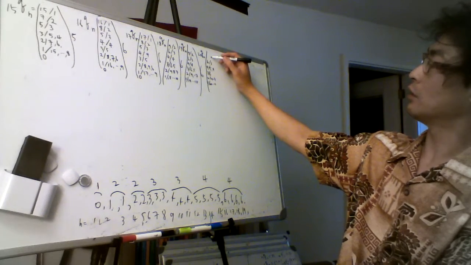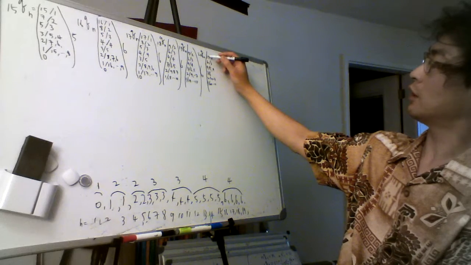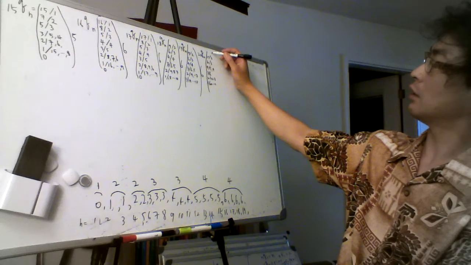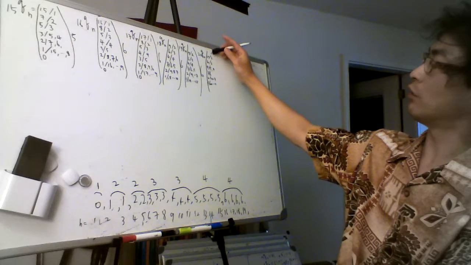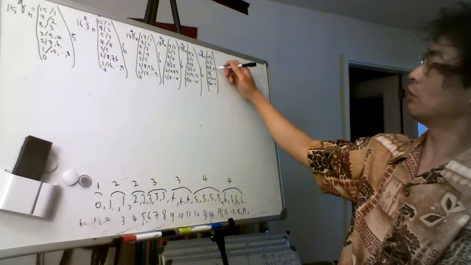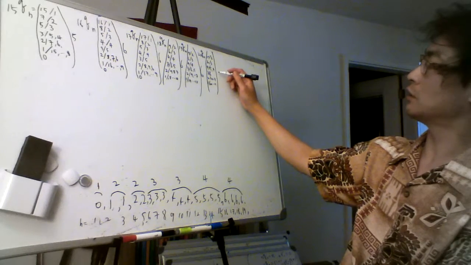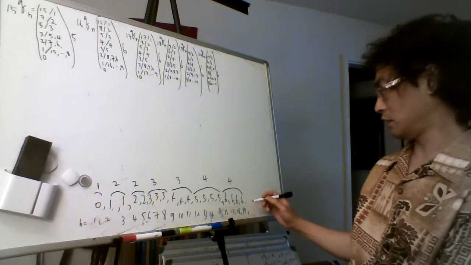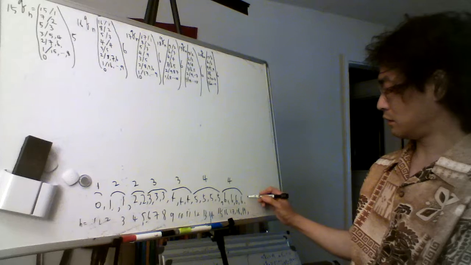Okay, so 2, 10. We have 1. We don't do 1. Okay, so 1, 2, 3, 1, 2, 3. There's 6 of them. Still?